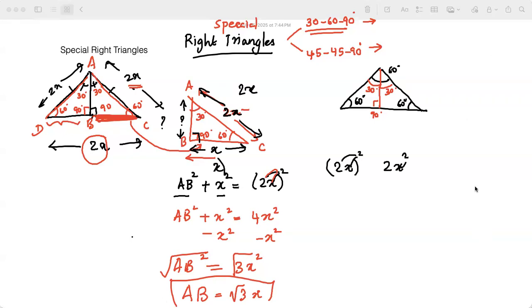Wait, Miss Priya. If you square root 3x square, wouldn't it just be 3x? Okay. You're going to take the square root of 3x square. That means the square root of 3 times the square root of x square. Correct? The square root of 3 remains, but for x square, this radical, I can turn it into a power.